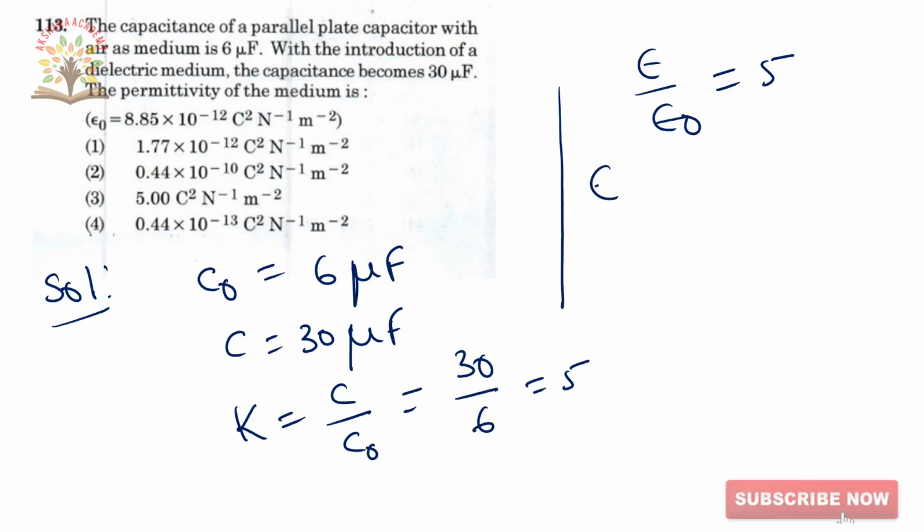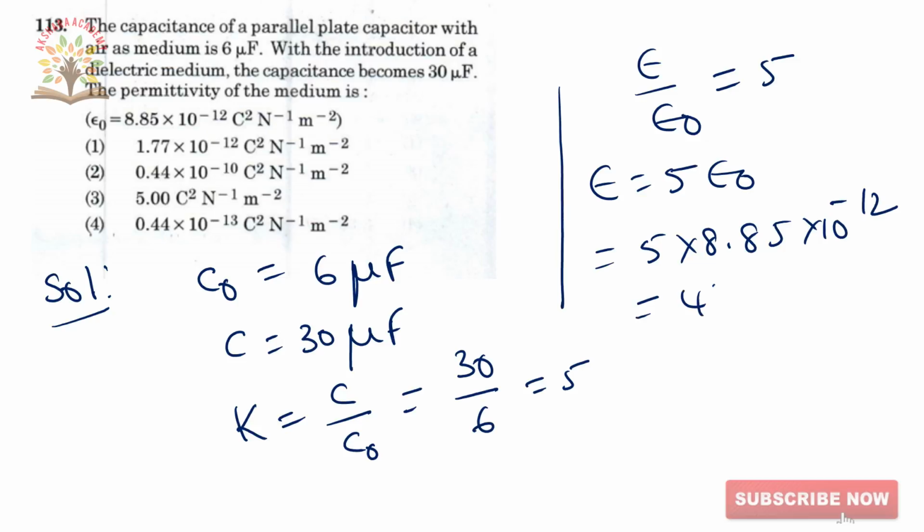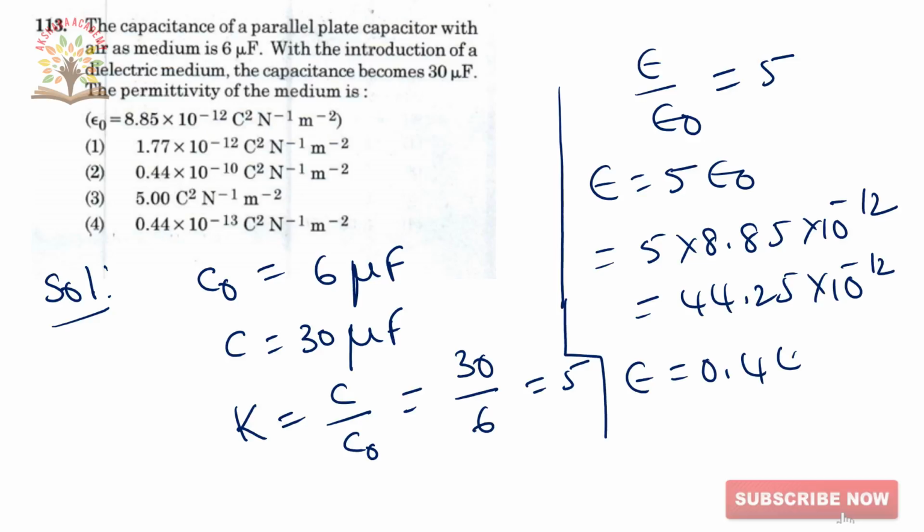Epsilon is equal to 5 into epsilon naught, that is equal to 5 into 8.85 into 10 to the power of minus 12, that is equal to 44.25 into 10 to the power of minus 12. So finally the answer: epsilon is equal to 0.442 into 10 to the power of minus 10 coulombs square, Newton inverse, meter square.